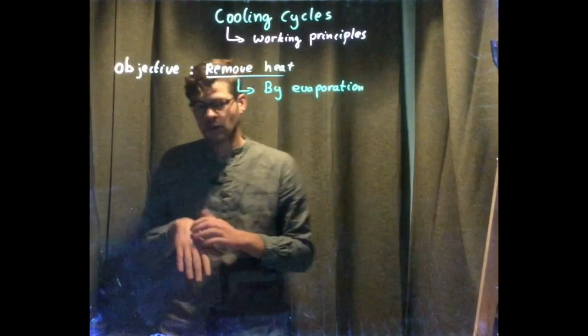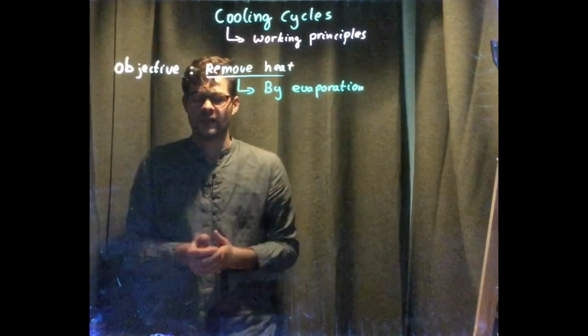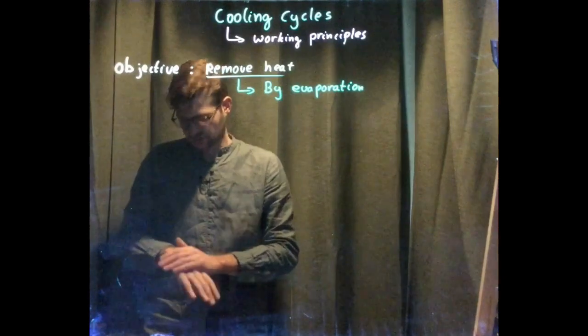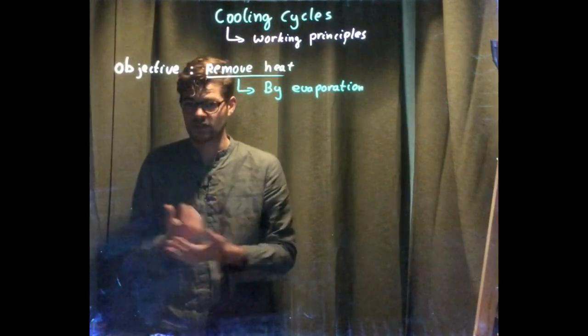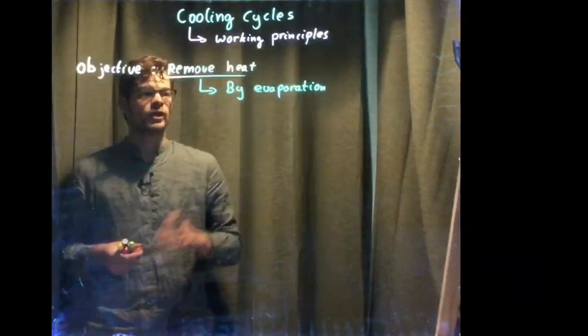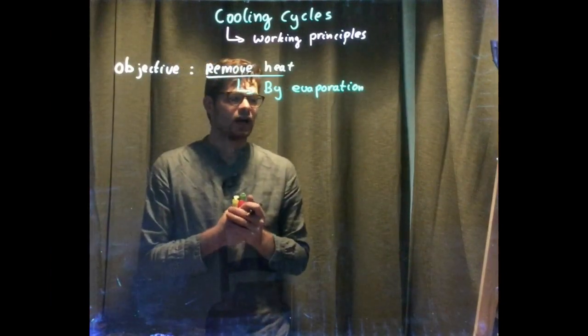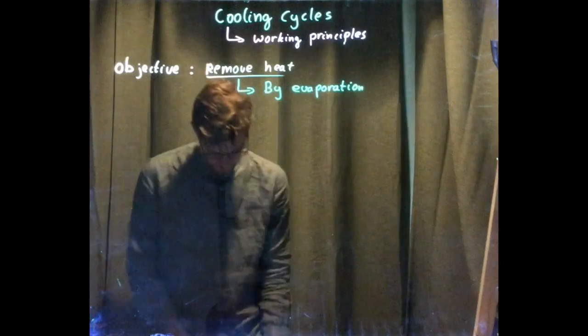The nail polish remover will directly evaporate. This evaporation requires heat from your hand, so it will extract the heat from your hand. We're going to remove heat by evaporation, and for this we need a couple of items in our cooling cycle.